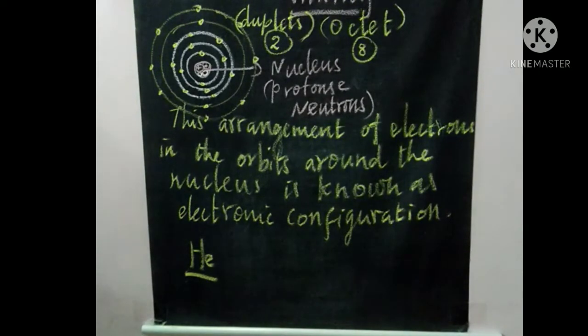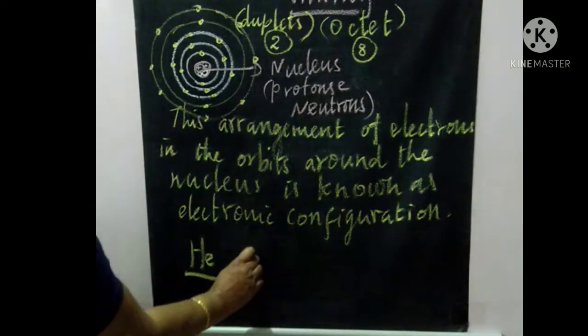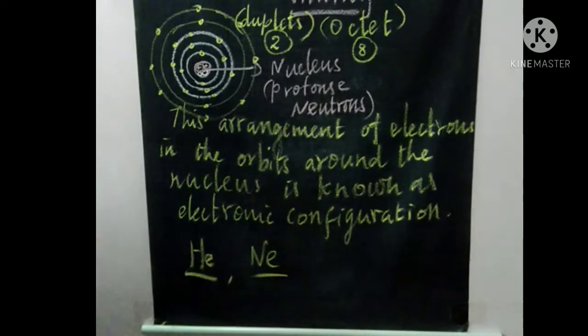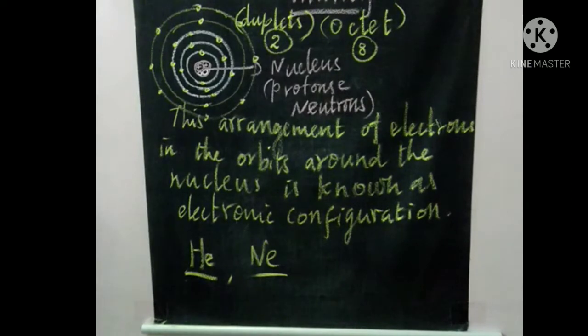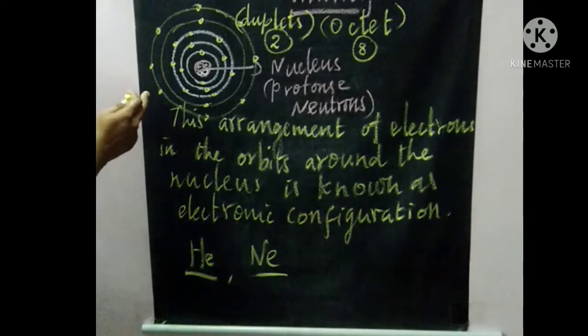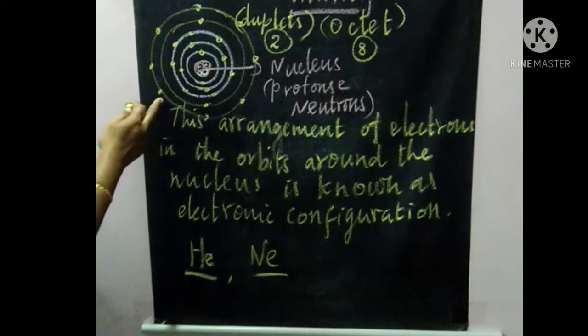In the same way, neon is also chemically inert because it has 8 electrons in its outermost orbit. The valence electrons in an atom readily participate in chemical reactions. So the chemical properties of the elements are determined by these electrons.